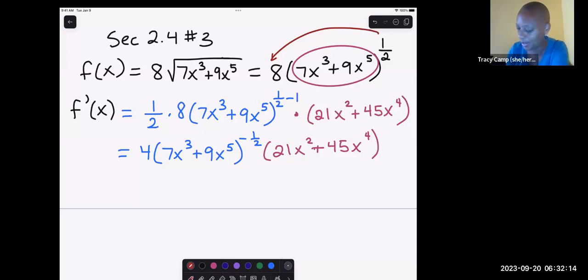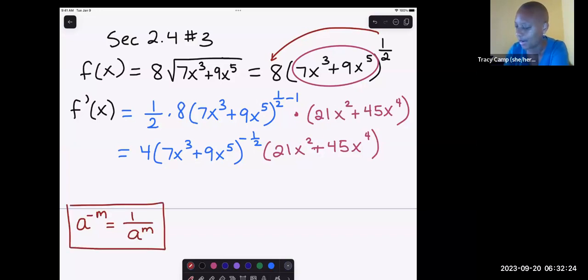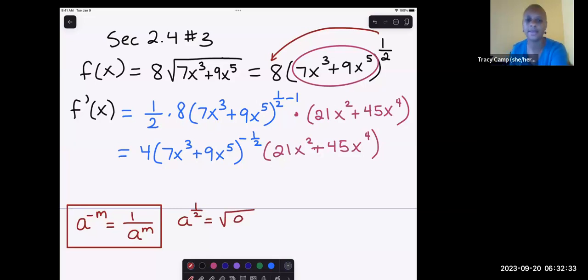This one, first of all, that if you have a negative exponent, you can rewrite it as positive by sticking it in the denominator. So we'll do that. And then second of all, what we already used, which is just that the square root of a is the same thing as a to the 1/2.